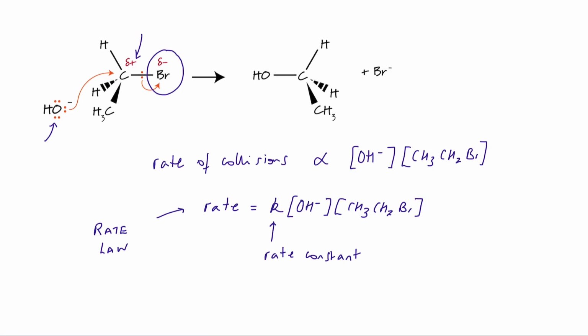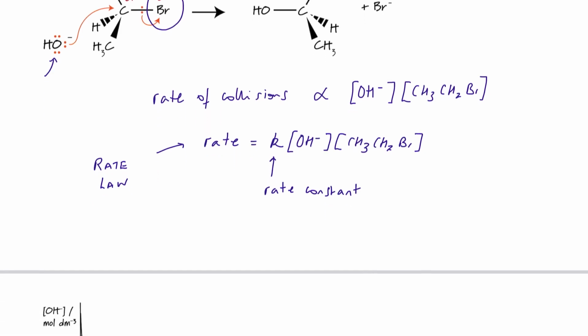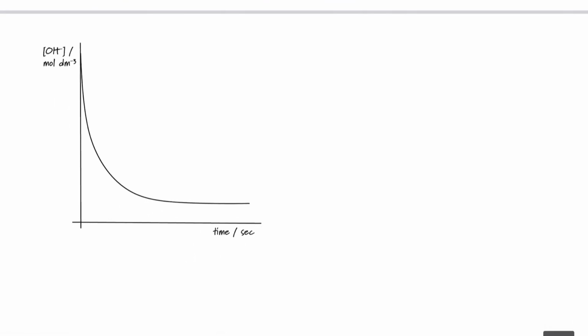We can determine the rate of this reaction by measuring how the concentration of either the reactants or products changes over time. Let's start by looking at the concentration of the hydroxide ions. Well, as the reaction proceeds, the concentration of hydroxide ions is going to decrease because the reactants are being used up.